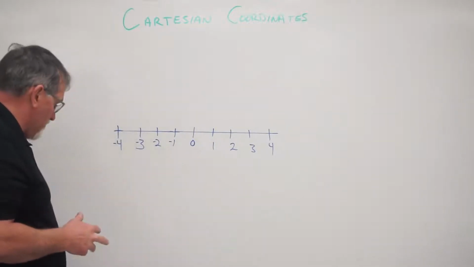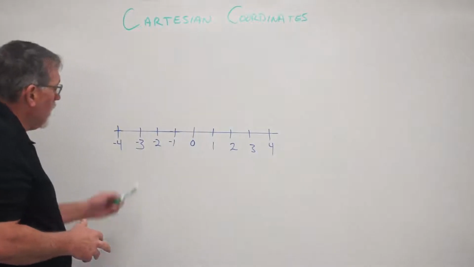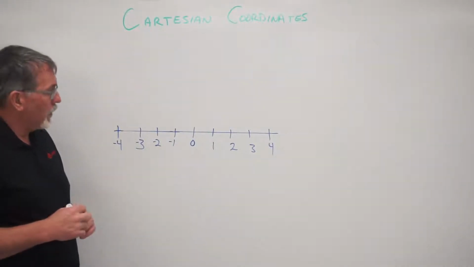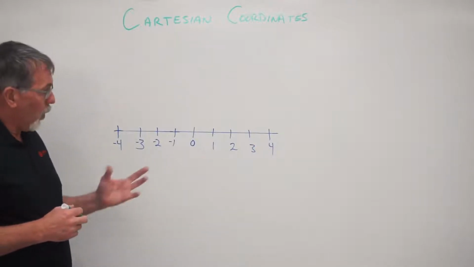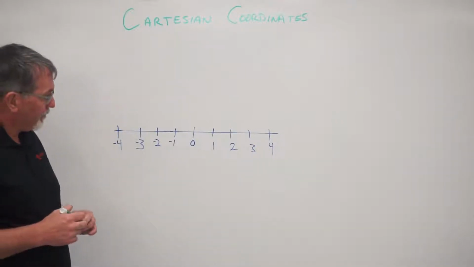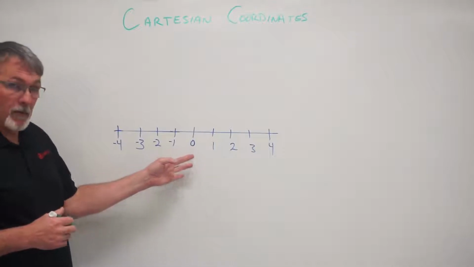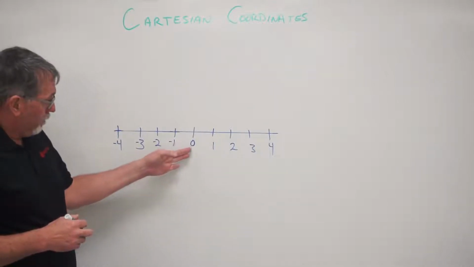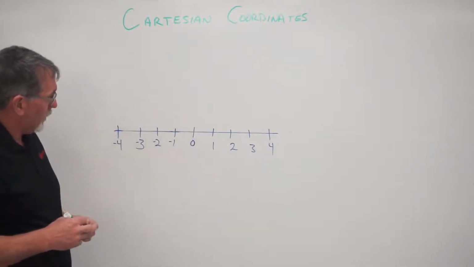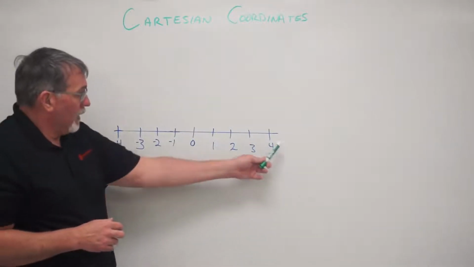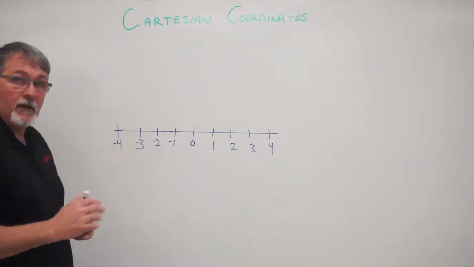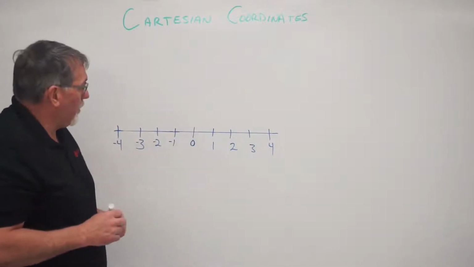So I started out with a simple number line. This is known as a number line. It really is a one-axis coordinate system. Many of you probably remember these from grade school. We have a 0 position marked on the center of this number line, and everything heading to the right of that position is going to be a positive number.